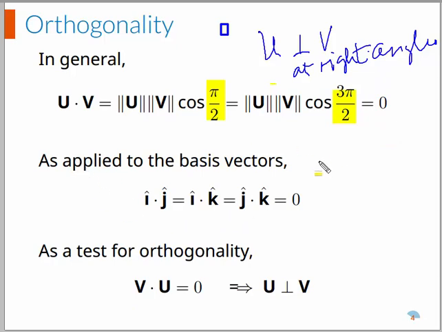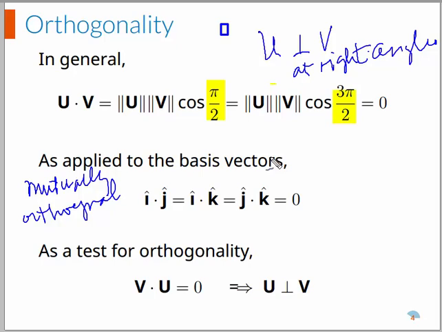So we have these basis vectors, we remember in the IJK coordinate system. All of these are mutually orthogonal. So i dot j, i dot k, and j dot k are all going to be 0.